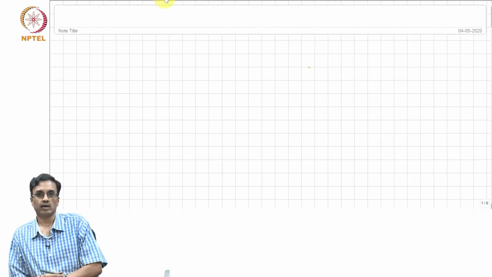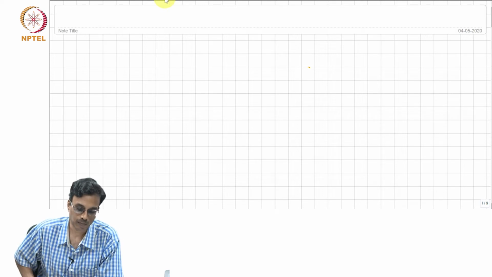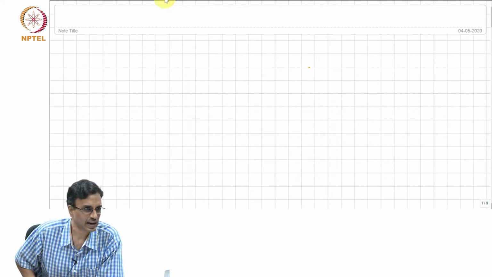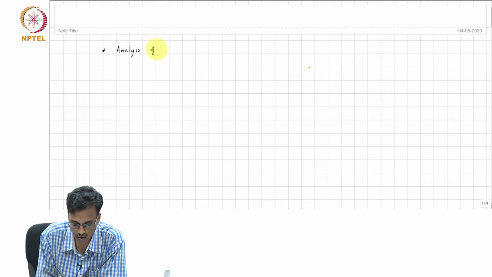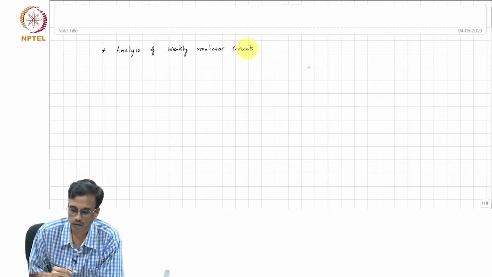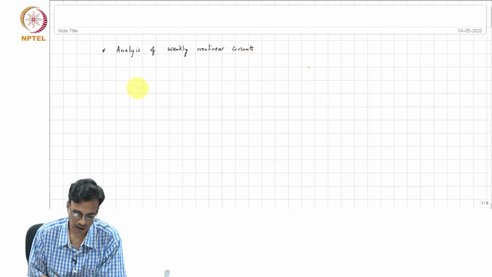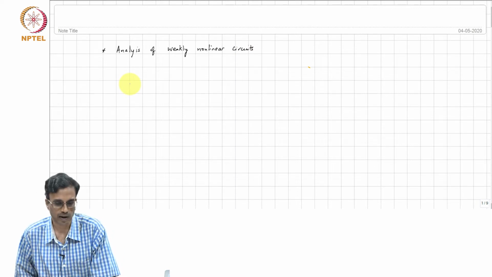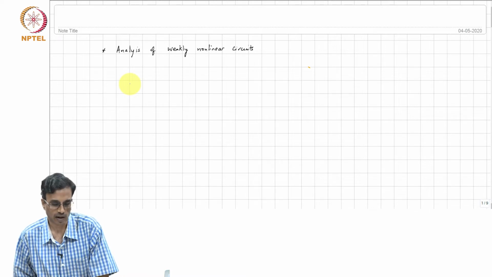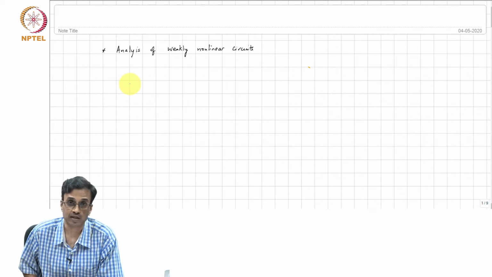Today let us analyze and find out ways to simplify the analysis of circuits that are weakly nonlinear. As usual, it makes sense to work with a simple example rather than complicate our lives by drowning ourselves in notation.